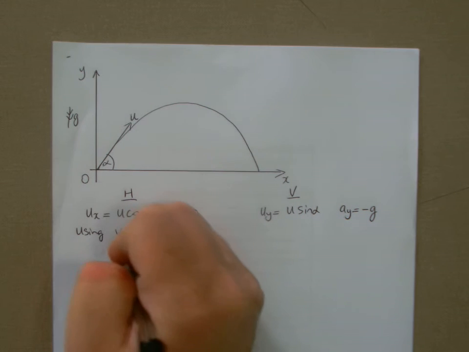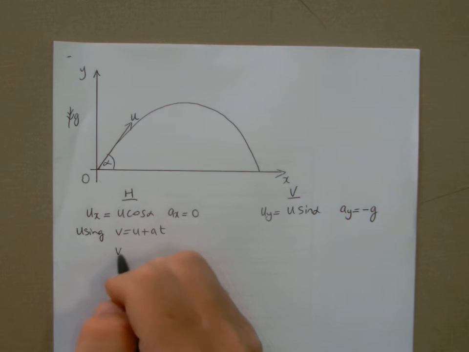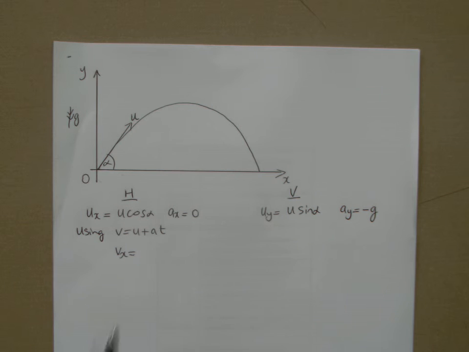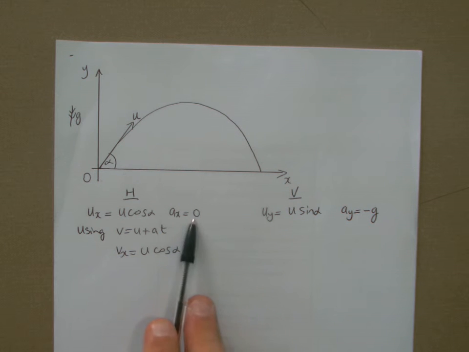So using v equals u plus at for the horizontal, the general velocity in the x direction will just be u, which is the initial velocity, so the u component in the horizontal direction, plus at.